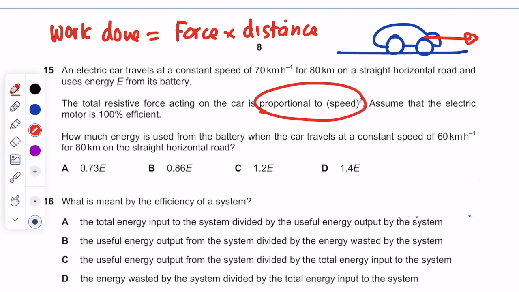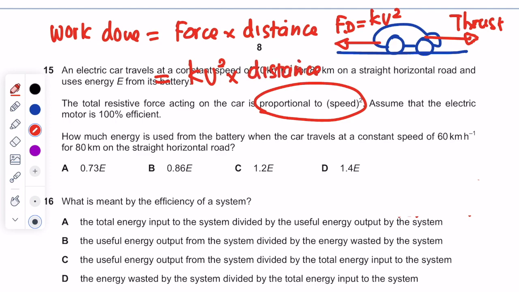One is the thrust from the engine, and the other one is the drag force from the air and from the road, but we are mainly focusing on air here. And this one here is kv squared because it's proportional to speed squared. Now I am going to change this equation. So work done is force times distance. Force is thrust equals drag, kv squared, times distance, right?